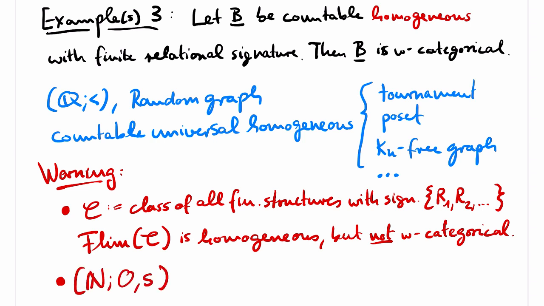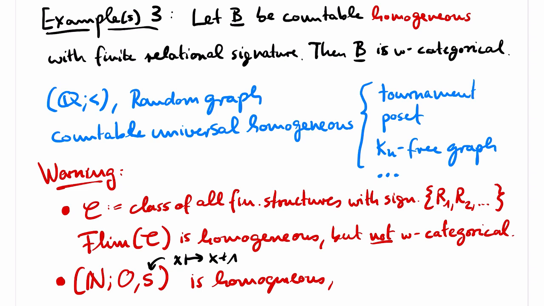Consider, for example, the structure whose domain is the natural numbers with the constant 0 and the successor function. I claim that this structure is homogeneous. Any isomorphism between finitely generated substructures must fix 0, it must fix S of 0, it must fix S of S of 0 and so on.